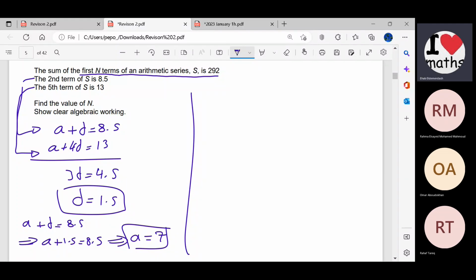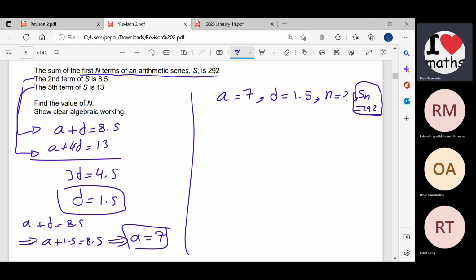Always, when working on the sum of n terms, what do I have? a is equal to 7, d is equal to 1.5, and n we don't know, but we have Sn equal to 292. We are always working on these four factors.